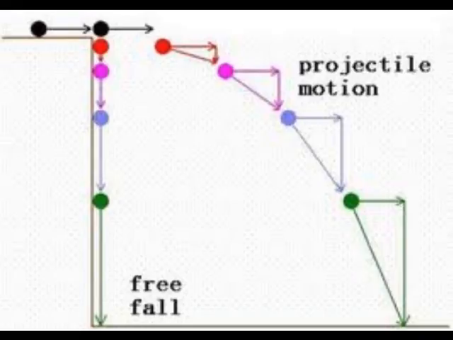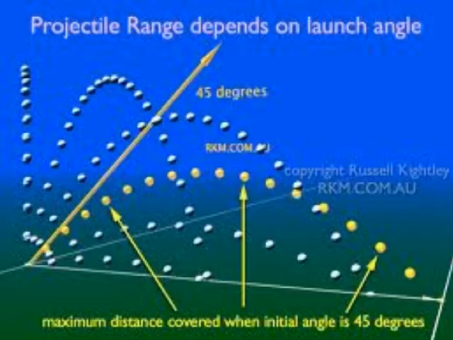This is why they land at the same time. In order to find maximum range, you must use a 45-degree angle. It allows the projectile to go the farthest.